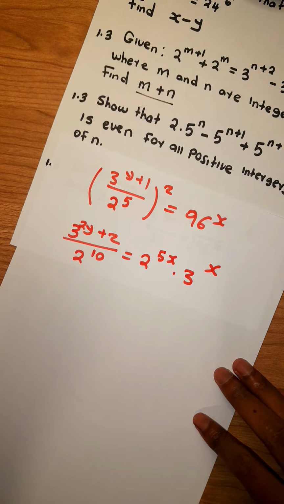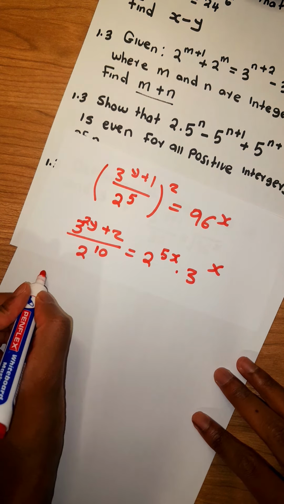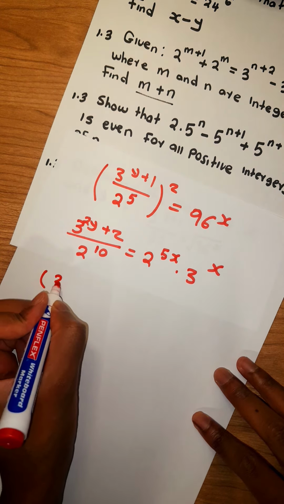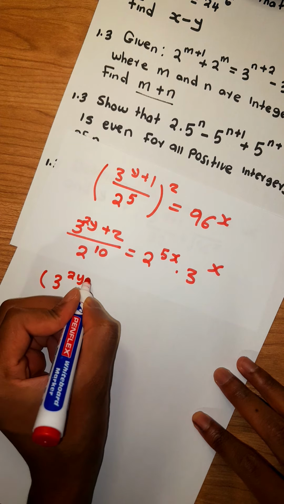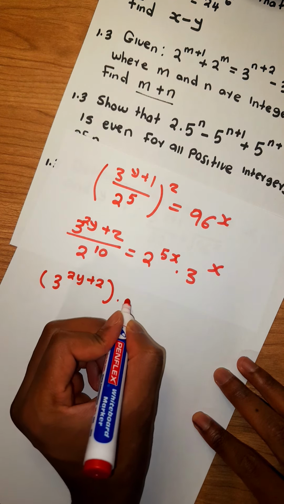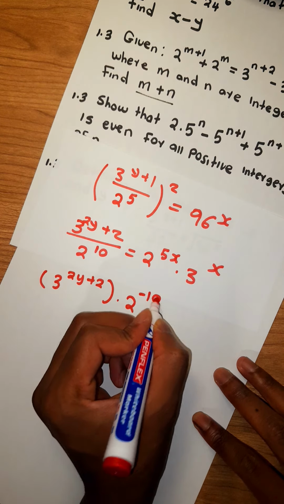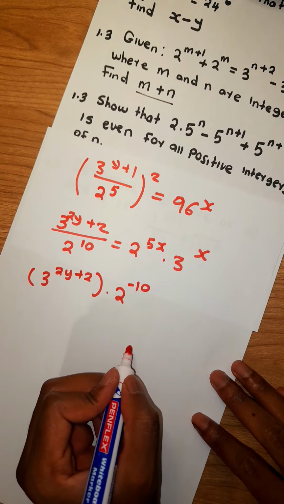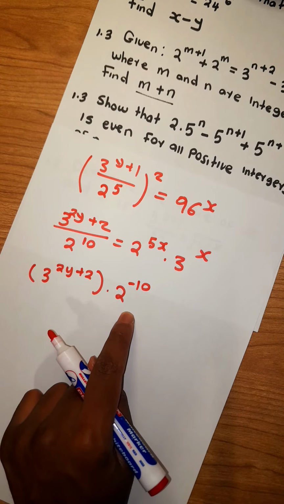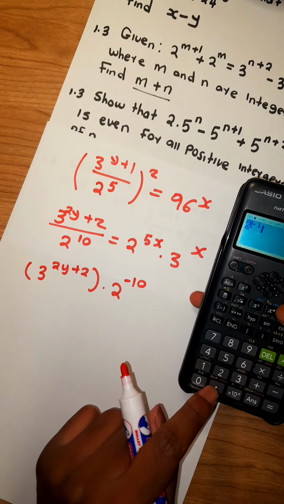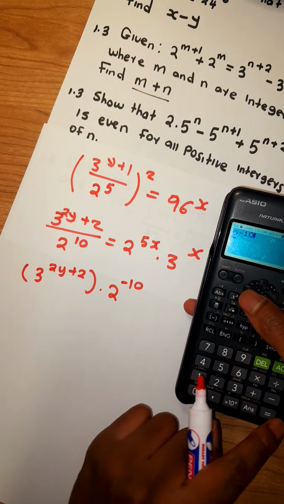So what are we actually going to have with this? I want to see. So we know that we're going to have 3 to the power 2y plus 2 times 2 to the power minus 10, right? 2 to the power minus 10. Let me check if I'm writing the correct thing.